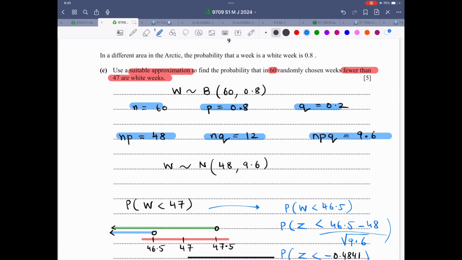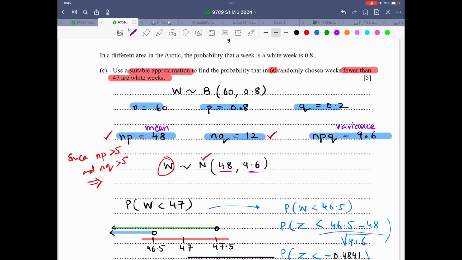So now for justification, which I should write whether the examiner is asking for it or not. That is since NP is greater than 5 and NQ is greater than 5, therefore W now follows a normal distribution, and this is the mean and this is the variance that goes in the bracket.